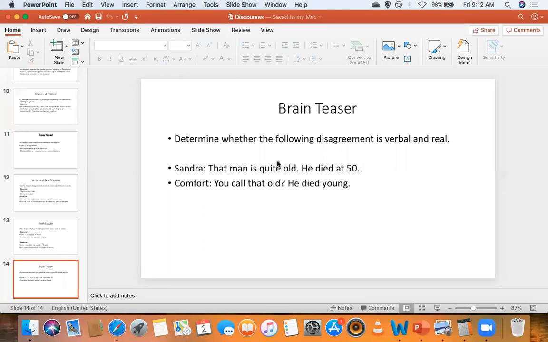When you are arguing about a word as if it means something different from what it actually means, you need to get your facts correct, but that argument is a verbal dispute. But when you are denying a fact, such as that a capital city is not actually a capital city, that one is more clearly a factual disagreement.